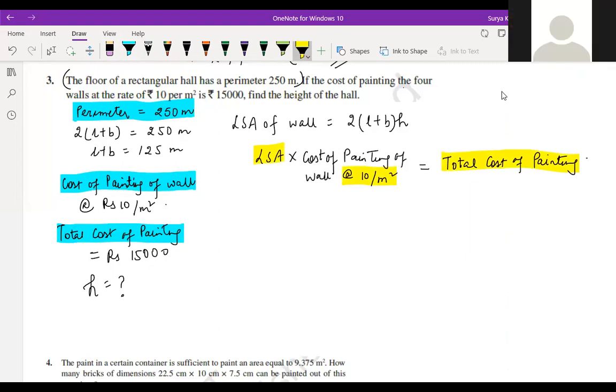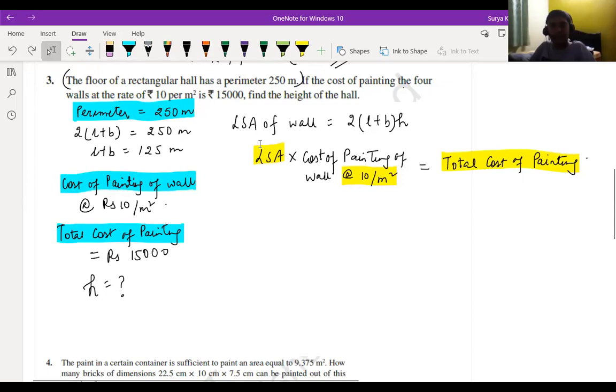Yes, sir. Now what is given to you, just try to put over here. 2 into L plus B. If you want to find, first you find LSA only, okay? So we can substitute that from the first line, right? Yeah, you can substitute directly, no problem. 250H.